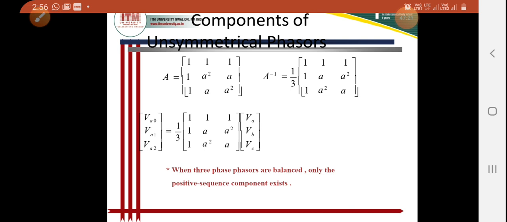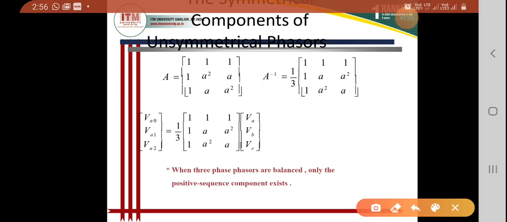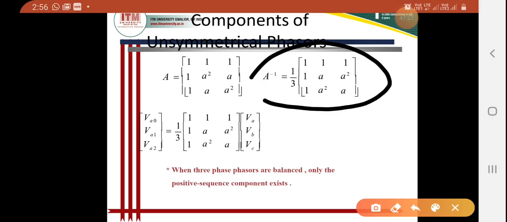With the help of A inverse, we can write VA0, VA1, VA2 as 1 by 3 times the A inverse matrix multiplied by VA, VB and VC.